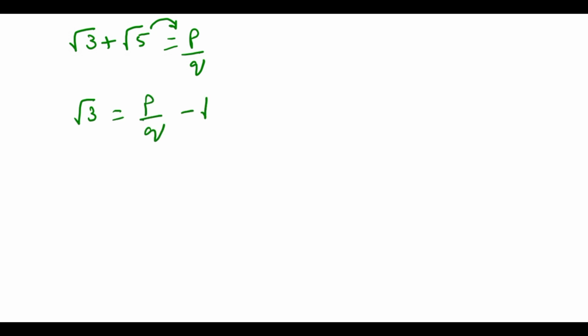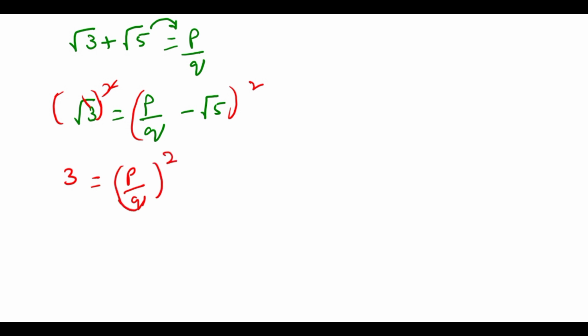Now you take squaring on both sides. So square and root get cancelled. Then you have 3 is equal to the form a minus b whole square, that is a square minus 2ab plus b square.